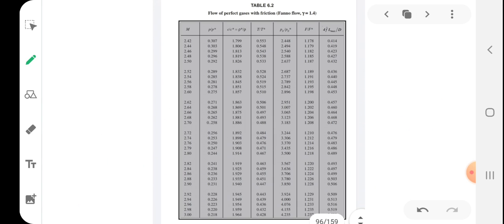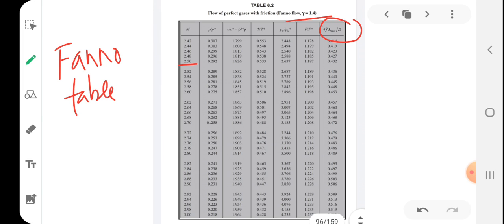So students, this is the Fanno table, corresponding to gamma equal to 1.4. Since our fluid is air, gamma will be 1.4. If the inlet Mach number is 2.5, you can see a particular term, 4F bar L max by D. So this is the pressure drop value.